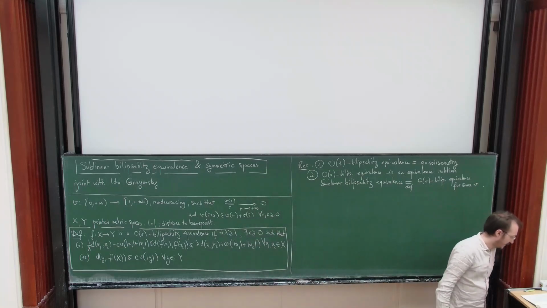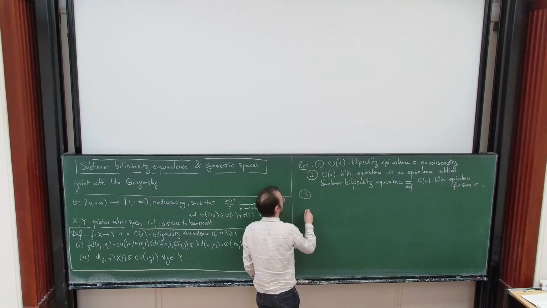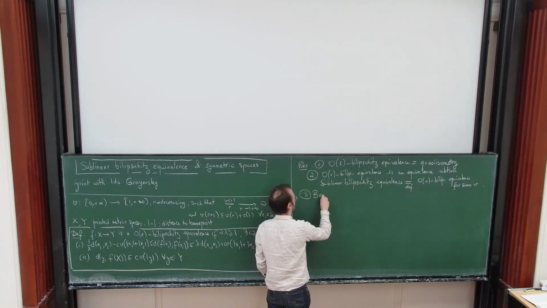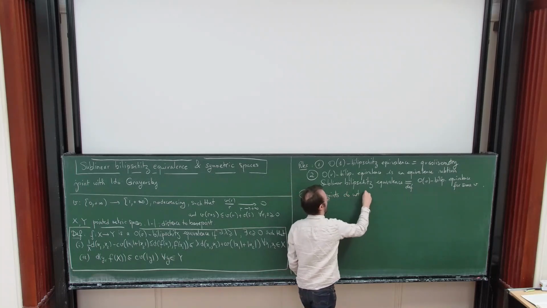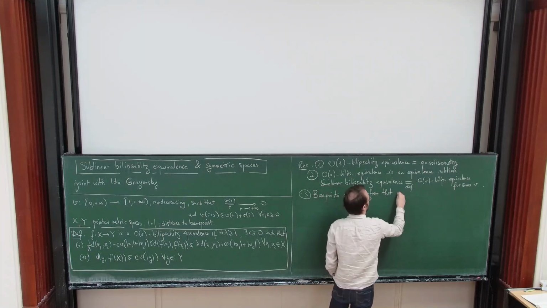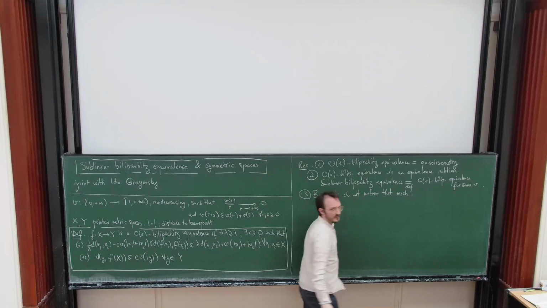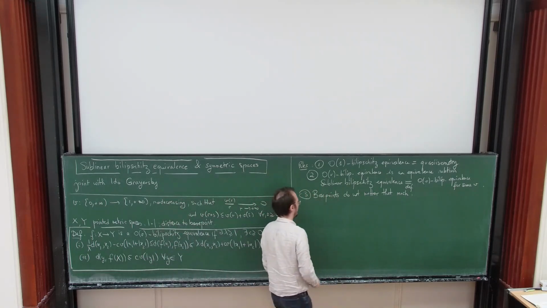And the third remark I want to make is that I need a base point for the definition, but they don't matter that much actually. I defined this between pointed metric spaces, but what happens if I change base points?